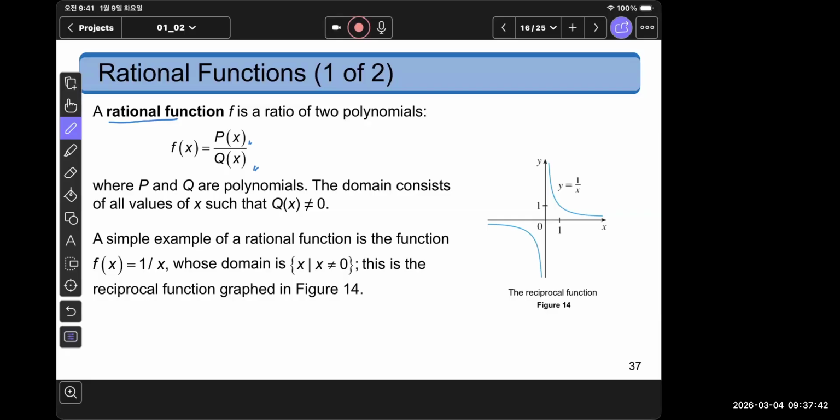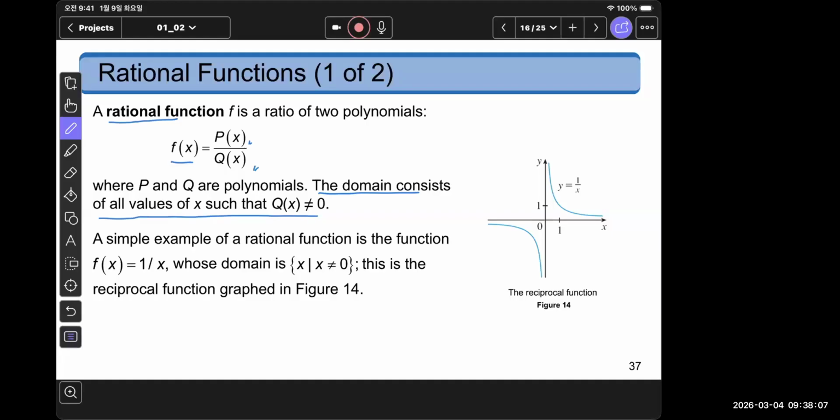But as we know, 0 cannot be in the denominator. So when I consider this rational function, the denominator is assumed to be non-zero. In other words, the domain consists of all the values of x such that q(x), the denominator, is non-zero.